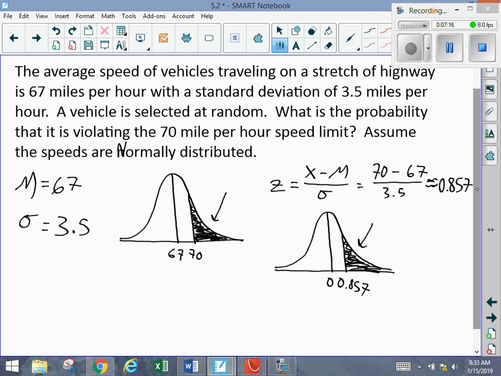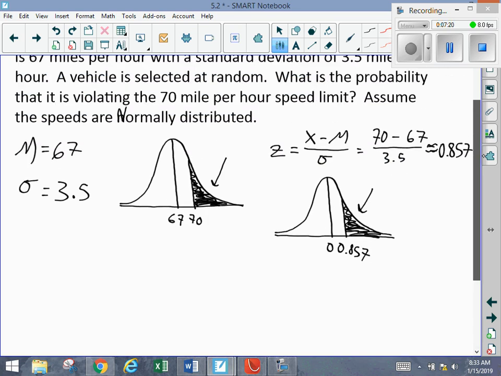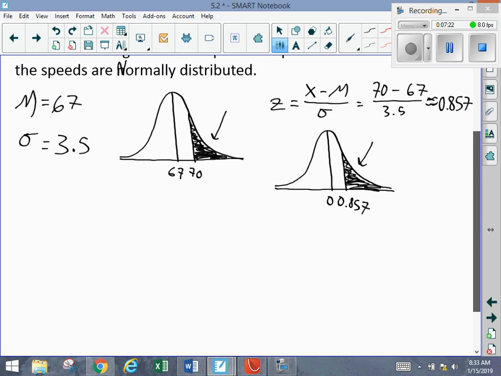Yep, 8051. So I'm going to write some notation here. What we're looking at is the probability that x is greater than 7 [70].